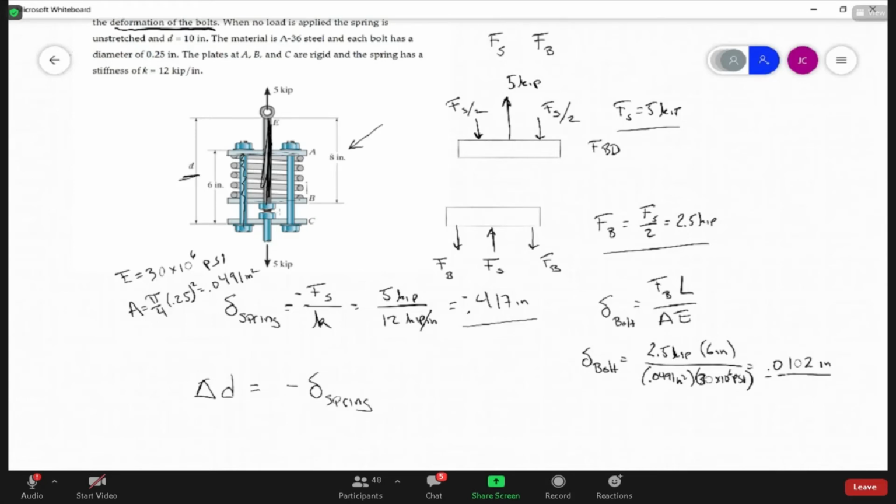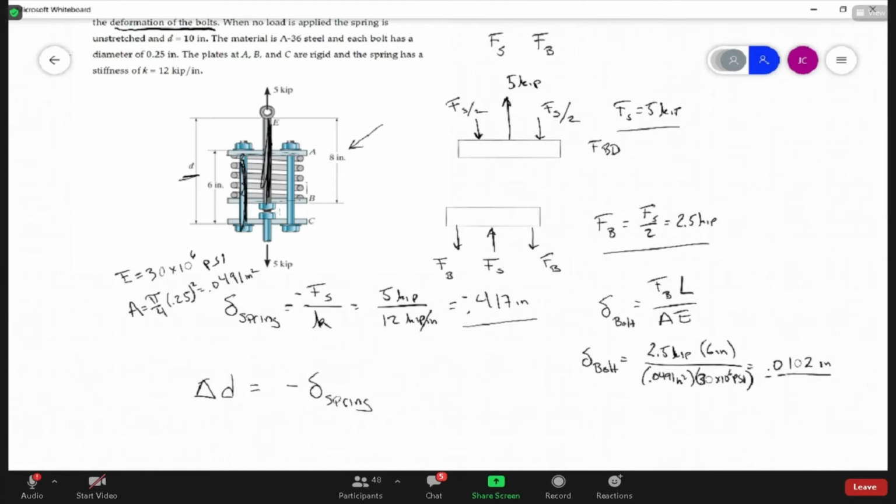Forget about the spring; it's now infinitely rigid. If the bolt stretches, the bolt length increases. Does D get bigger or smaller? Bigger, right? It's going to get bigger.